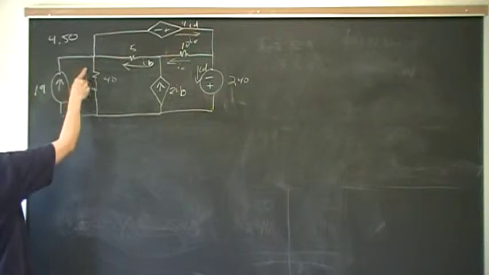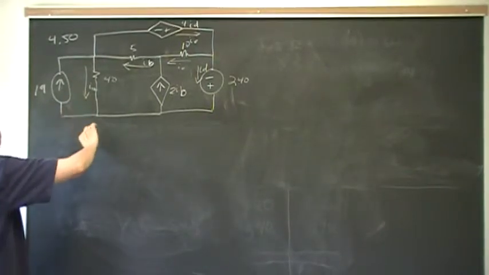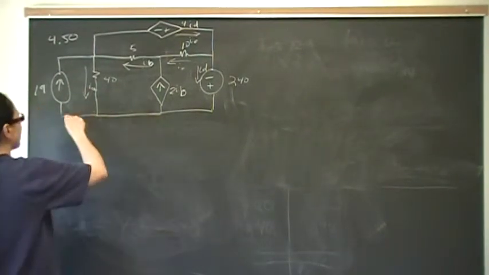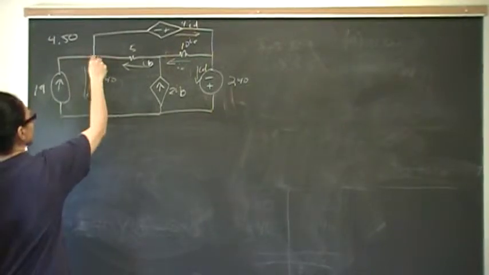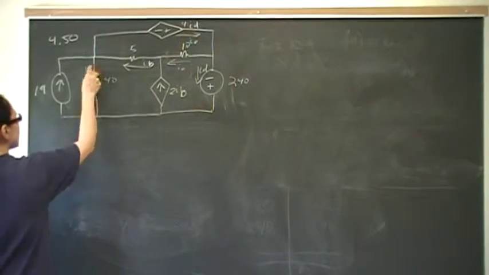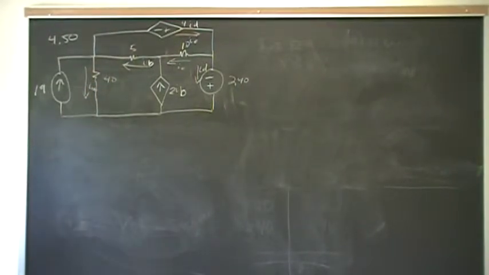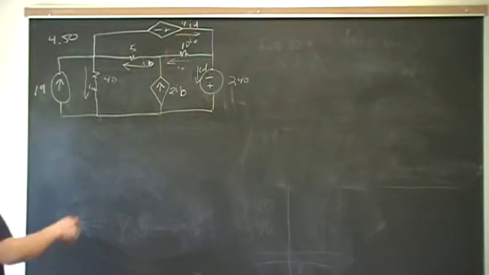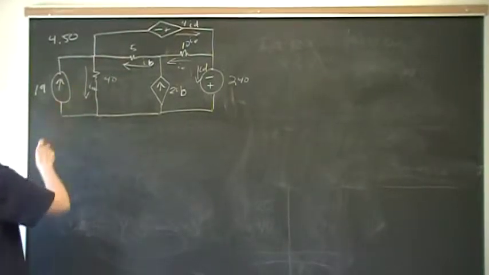Case 1 is the essential mesh, and the second case we'll talk about in a second. So this second mesh that I just showed you is not an essential mesh because it contains a 40 ohm resistor circuit element inside of it, and therefore KVL will not hold. So it has to be an essential mesh.